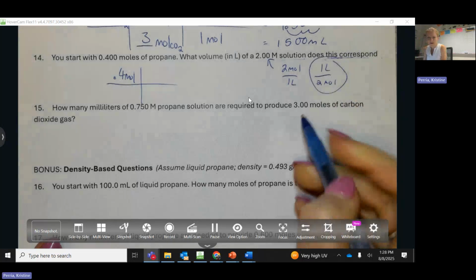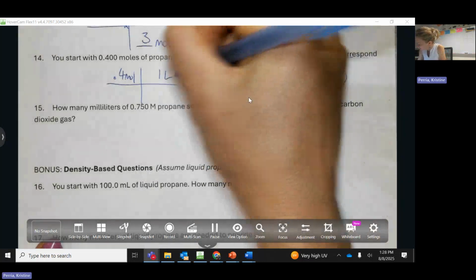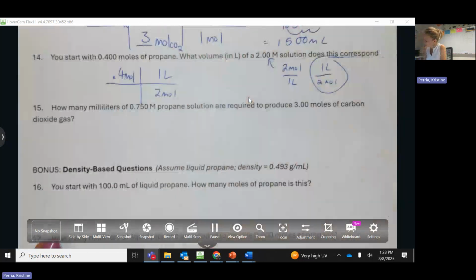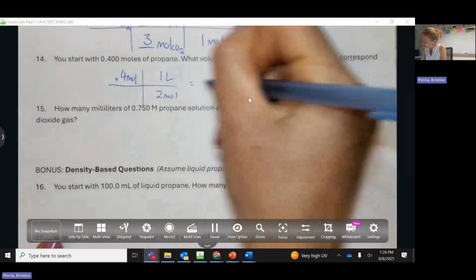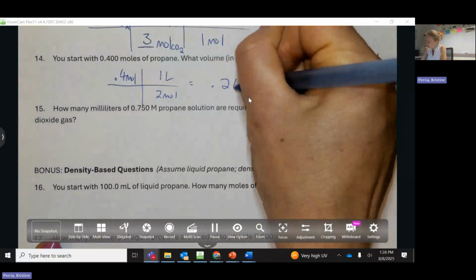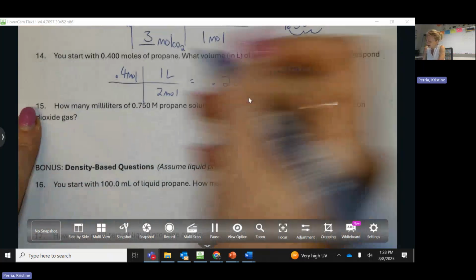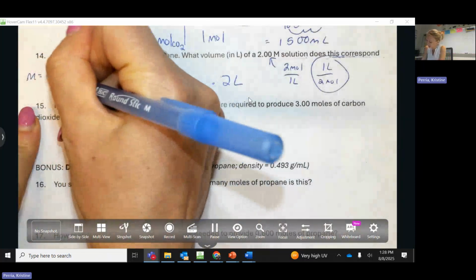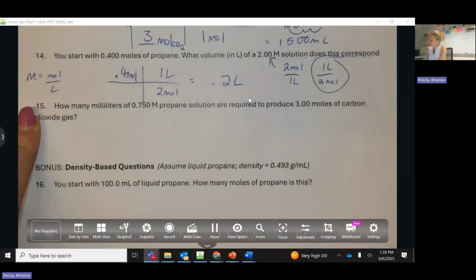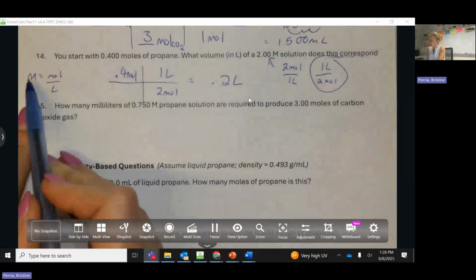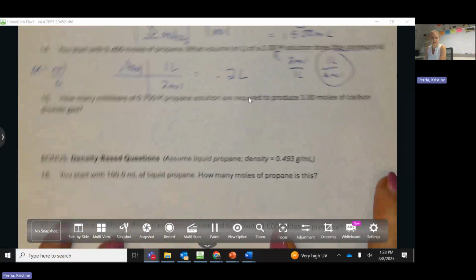We want to use this one on the right-hand side, so our moles cancel. So we have 1 liter per 2 moles. Okay. And then that's just going to equal 0.2 liters. You could do this one again. This is the same compound, so if molarity equals moles over liters, you could plug in the moles, you could plug in the molarity and solve for that. You'd still get the same answer.